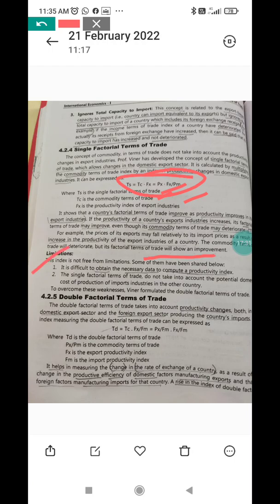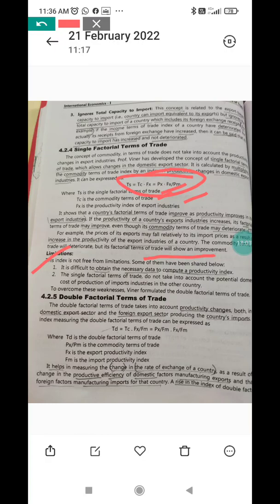So some limitations here they are. See, critics have shown their criticism here. The index is not free from limitation. Some of them have been shared below. It is difficult to obtain the necessary data to compute a productivity index. Again, I will repeat here. It is very difficult to obtain the necessary data, for what? To compute a productivity index.